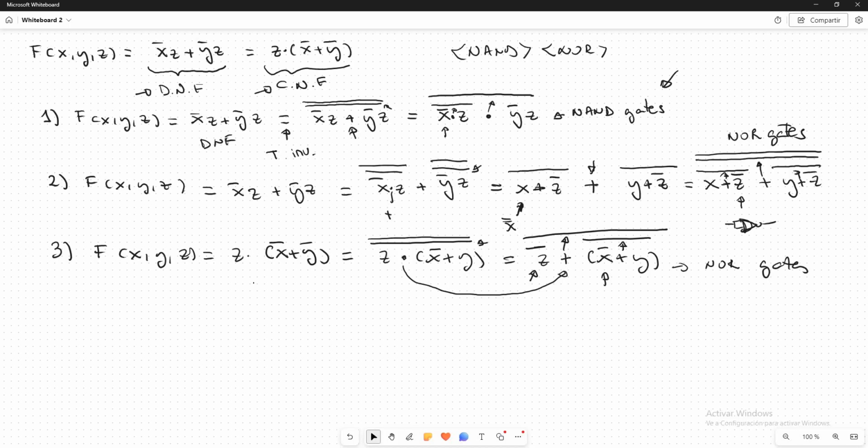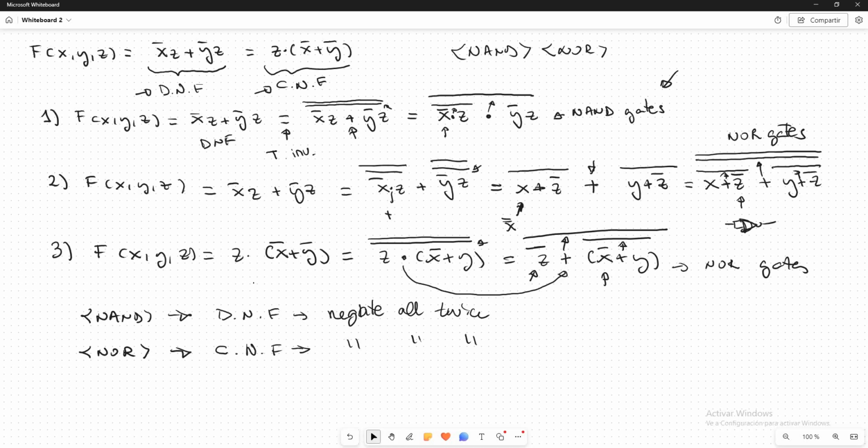So just a summary. If we have to implement a function with NAND gates, we are going to start with the disjunctive normal form of the function, and we negate all twice. And we apply De Morgan's law only to one complementation. And to implement everything with NOR gates, we are going to start with the conjunctive normal form, and we are going to negate all twice.